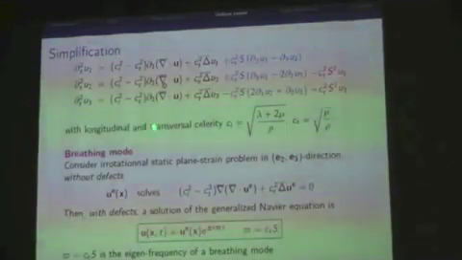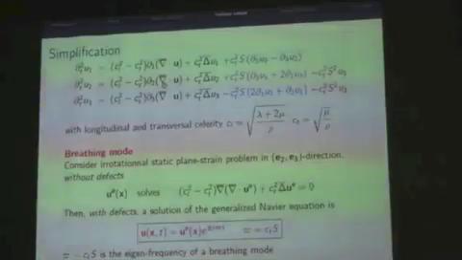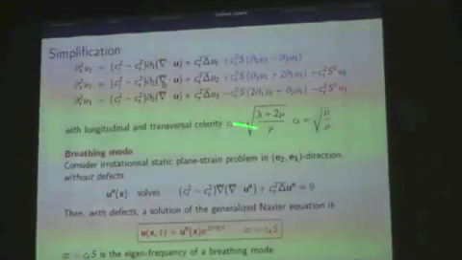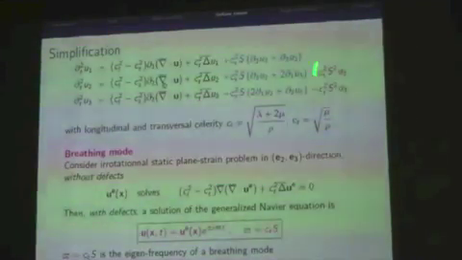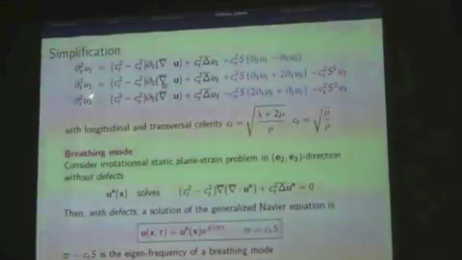So all these terms are 0. But if I am in the situation where there is some defect, we can see that this is 0, giving a 0 term here, but not a 0 term here.